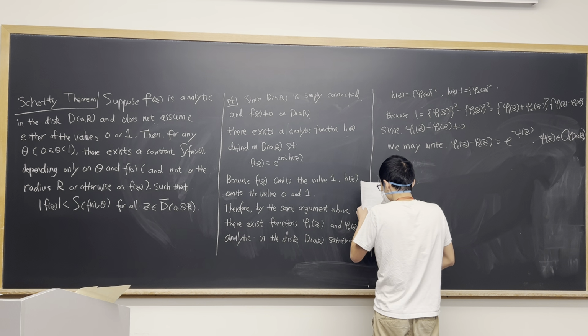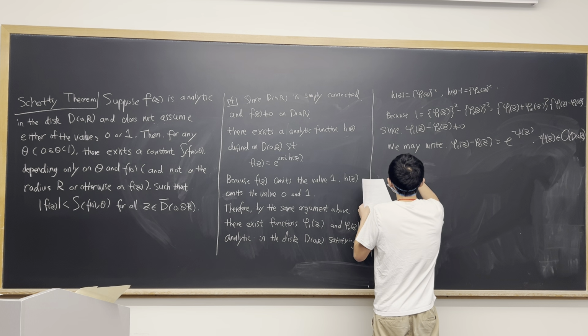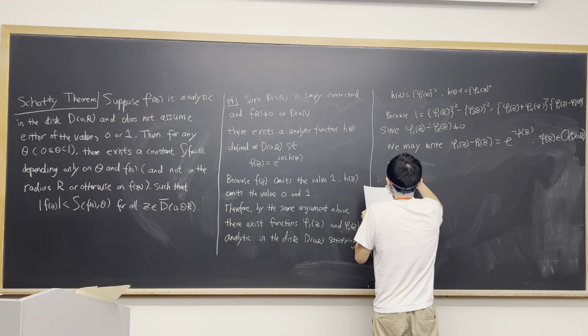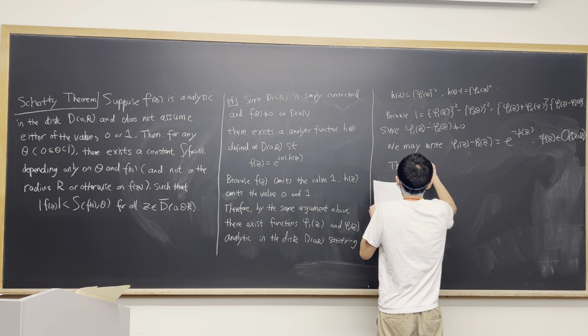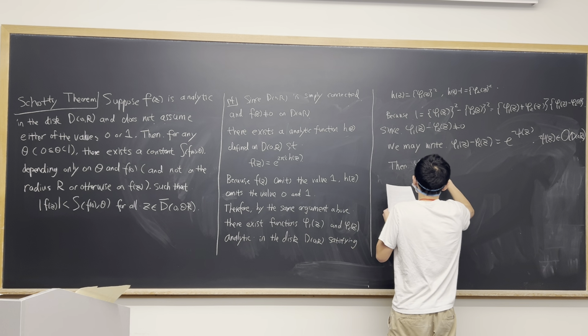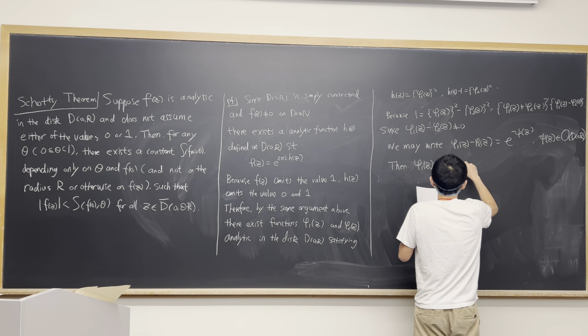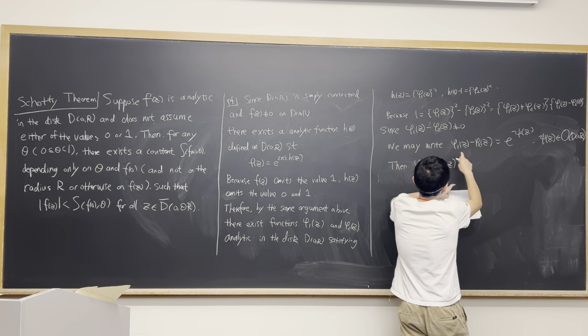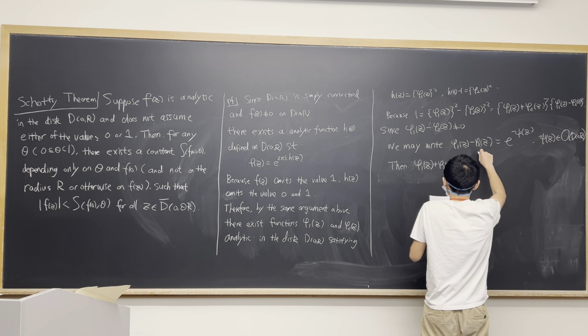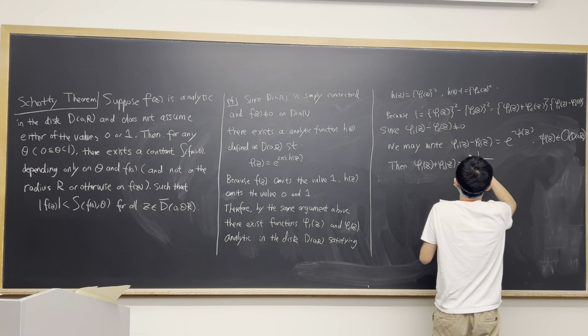So then we define... So then we have that this phi1z plus phi2z is equal to, because we know that, we have the 1 over relation, right?